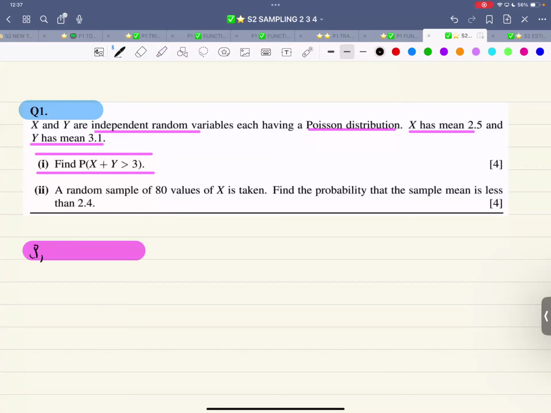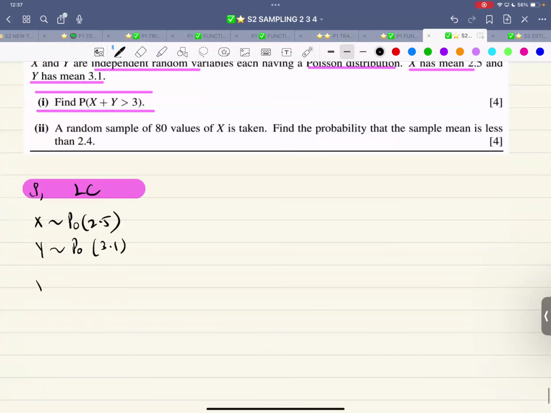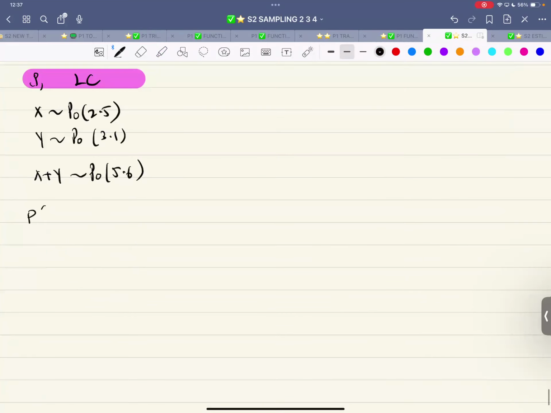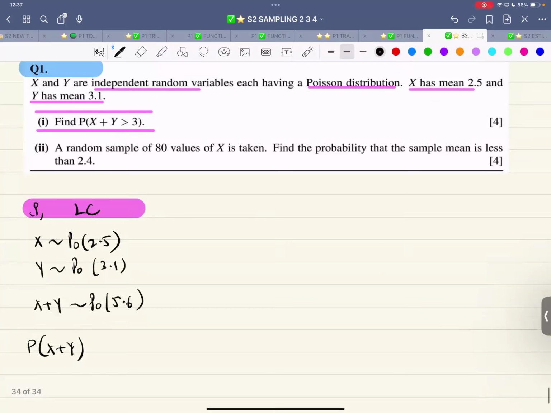So this first part, LC: x follows a Poisson distribution with 2.5, y follows a Poisson distribution with 3.1, x plus y still follows the Poisson distribution with 5.6, and it says probability x plus y is greater than 3.